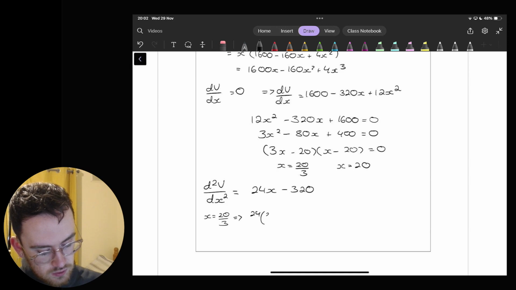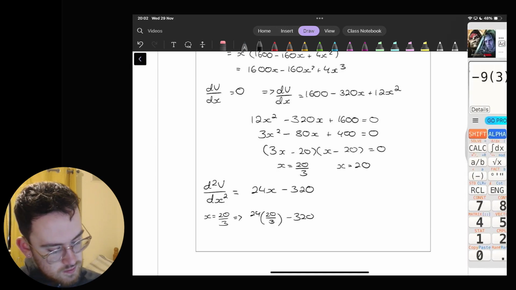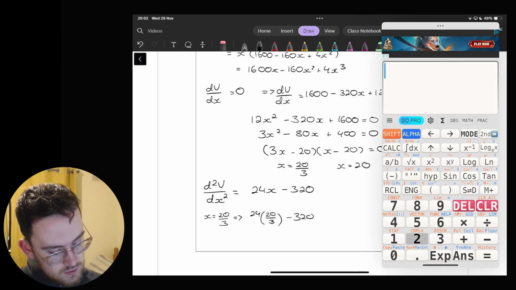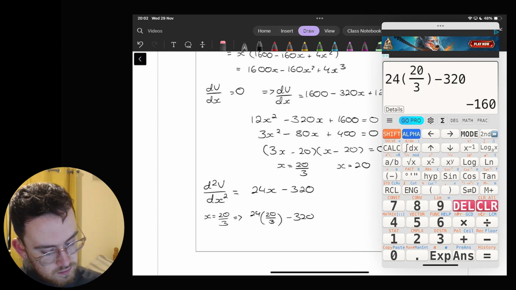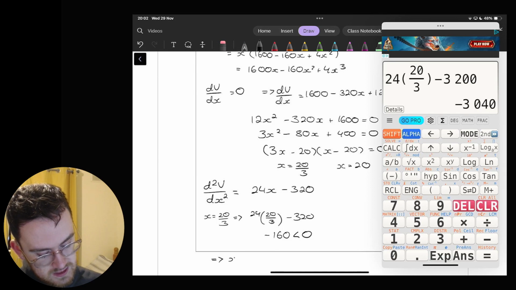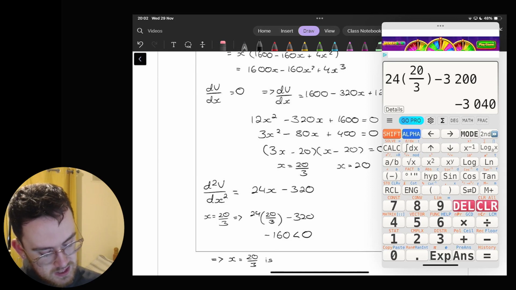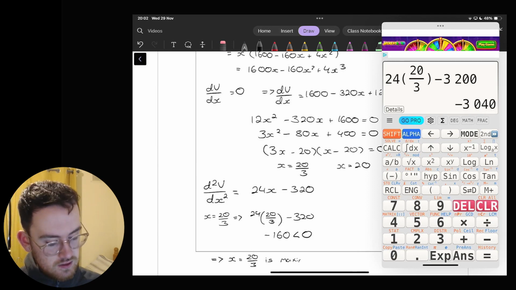So 24 times 20 over 3 minus 320, let's use my calculator here, gives me minus 160, which of course is less than 0, which implies that x equals 20 over 3 gives a maximum value.